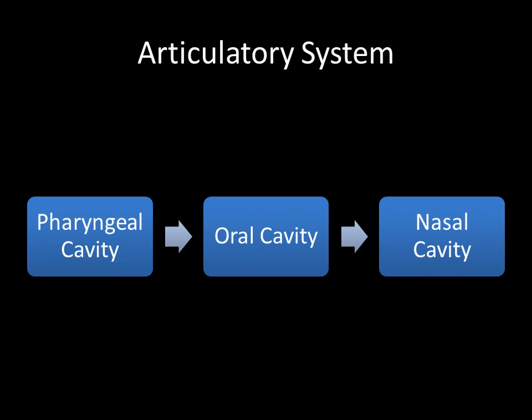It also connects to the pharyngeal cavity. And then there's the nasal cavity that opens at the nose and ends at the back of the pharyngeal cavity. So sound that is generated at the larynx travels through these three cavities, resonates, and then hits the articulators to further shape the sound.